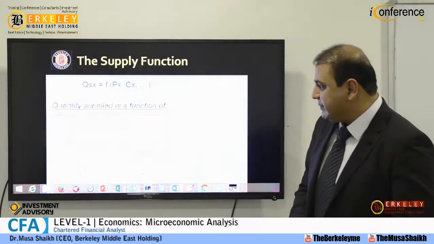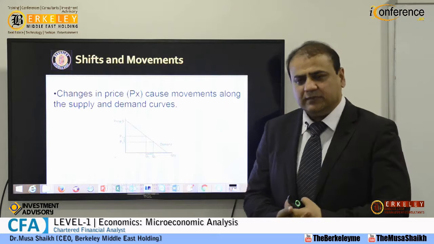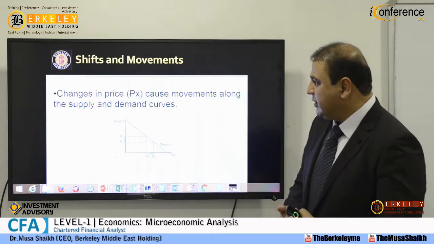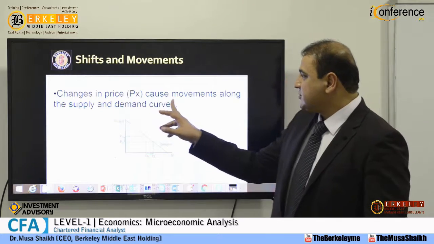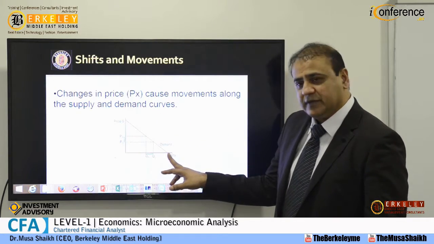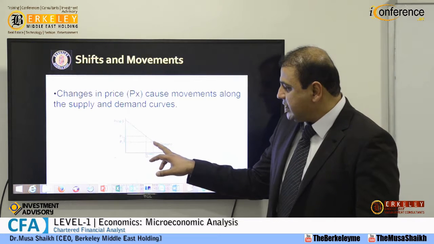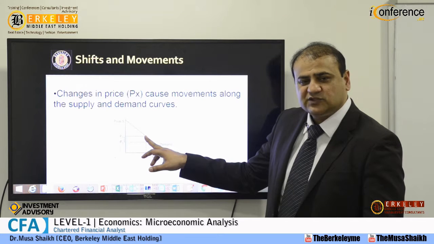Many other factors may be added in terms of knowing the supply factor, like timing, again the weather conditions, other factors. Change in price causes movement along the supply and demand curve. So this is a demand curve, right? And if your price goes up, now your demand is squeezed.